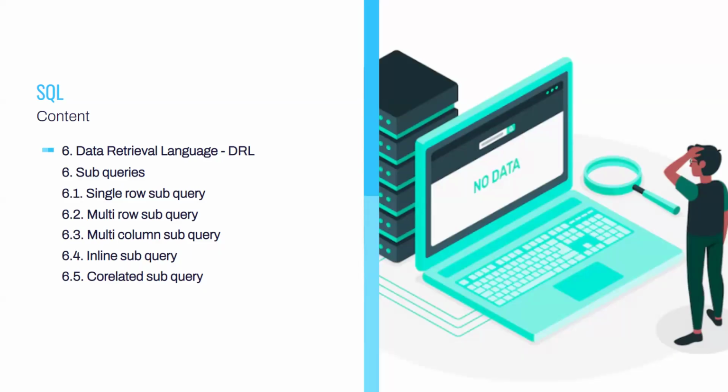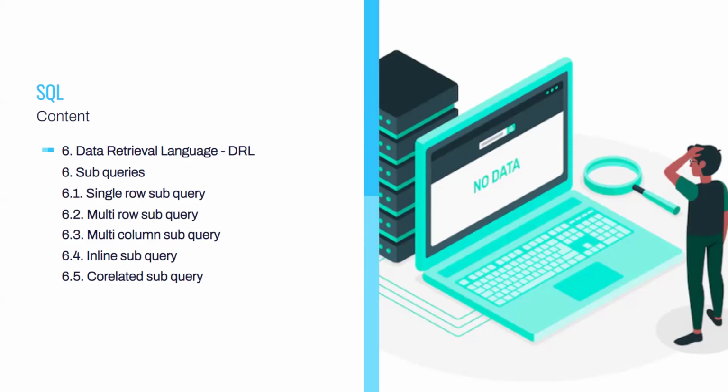What I want is to get the employee records whose salary is greater than department 10's maximum salary. I want all the records whose salary is greater than the maximum salary of department 10 employees.